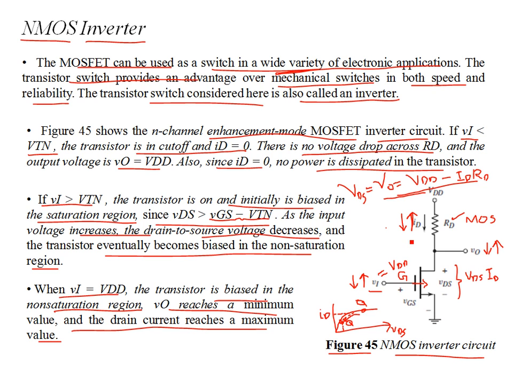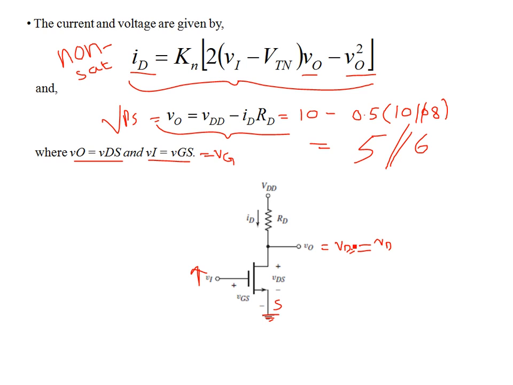So in order to keep this in saturation region, we will require the minimum, or call it VDS sat, as 5 volts. Let's keep this at 5 volts, and for that 5 volts, let's determine what VGS is.